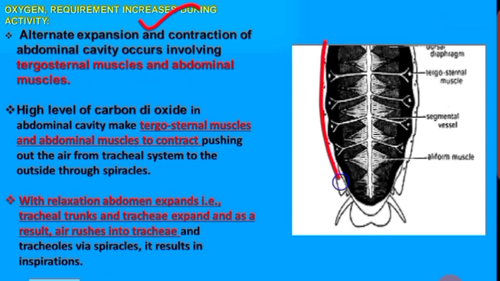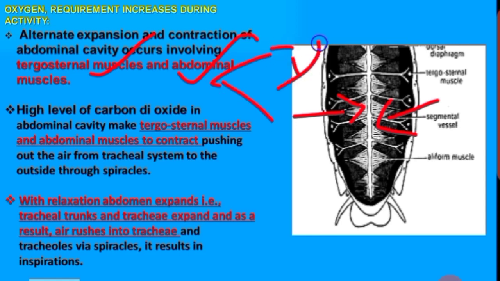So, alternate expansion and contraction of the abdominal cavity occur, involving the pterygosternal muscle and abdominal muscle. The pterygosternal muscle and abdominal muscle contract and relax, which enhances the inspiration and expiration process.